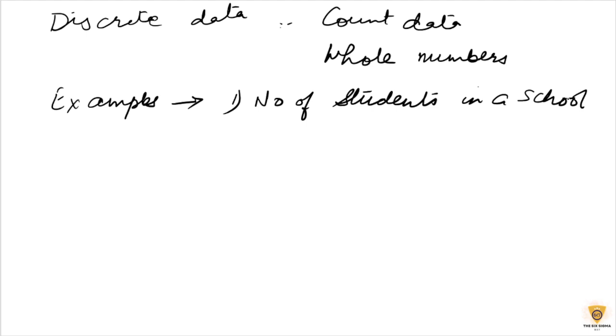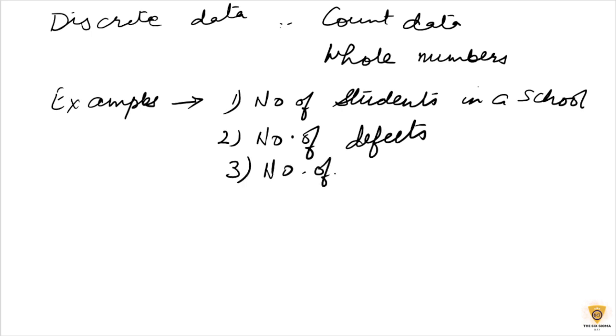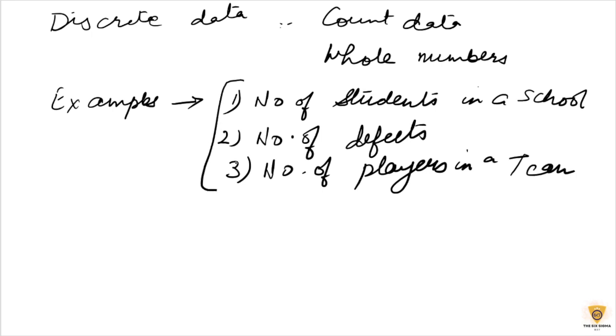Another example could be we can talk about, say, number of defects. So again, we can count it. Number of players in a team. So these all can be counted, hence called discrete data.